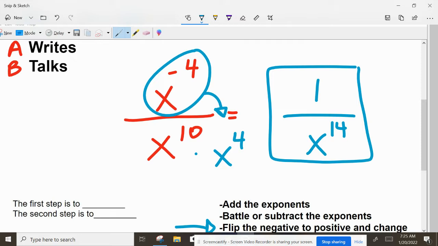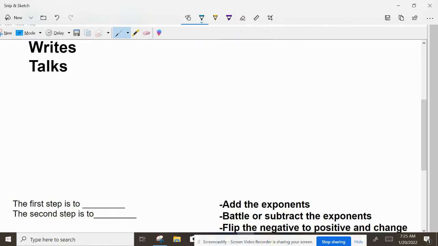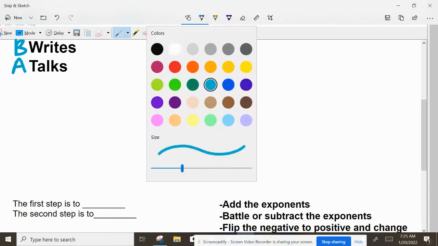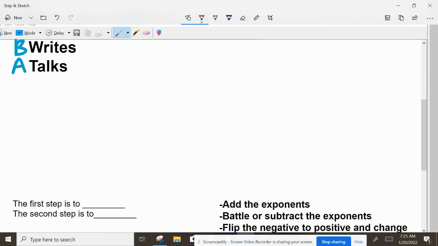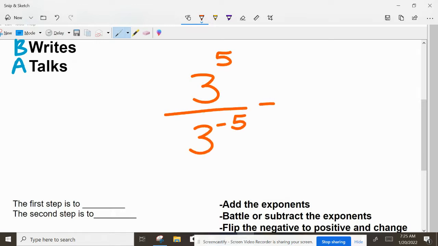Very cool. Switch roles. B's writing, A's talking. Similar kind of problem. Once again, oh, this could be a little bit of a curveball. This will be on your slide deck later. Same kind of problem.